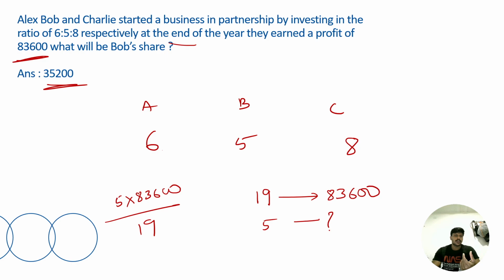In our case, total profit is 6 plus 5 plus 8, because when the time period is the same, your investment ratio is going to be your profit ratio. So our 19 profit is equal to 83,600. And we need to find out Bob's share, which is 5 units, equal to how much? Do the cross multiplication, you will get 35,200.